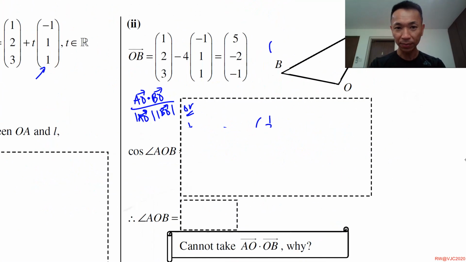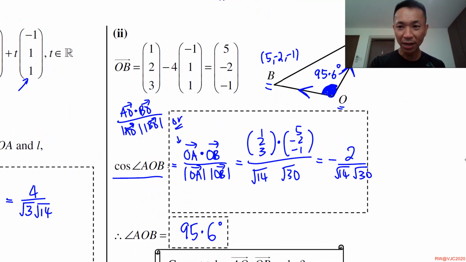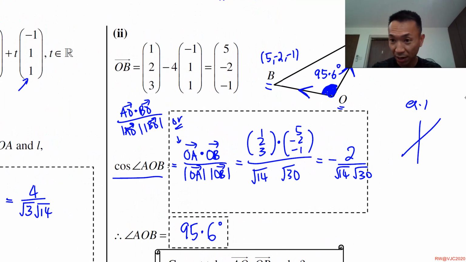In example 1, it was the angle between two lines. Correct? The question asked for the acute angle, but you also happened to find the obtuse angle. Of course, you take 180 minus that. But in this case, I have 3 points in space A, O, B, and I take outward pointing OA dot OB. Then I get 95.6, just leave it as 95.6. Don't try and be funny.